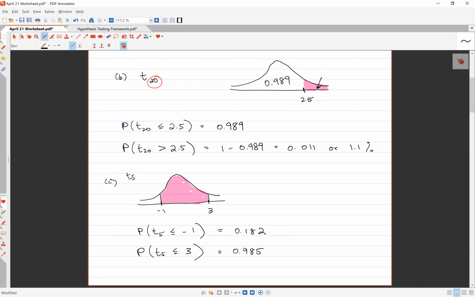Now, this is always the part of the curve to the left of the number. So this is telling us to the left of -1, this tail region, that part of the curve represents 0.182.